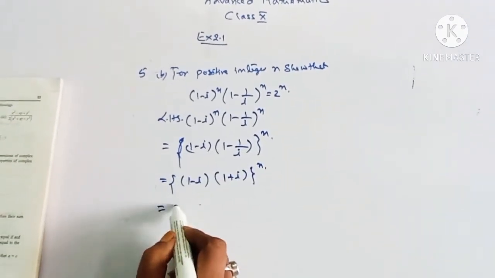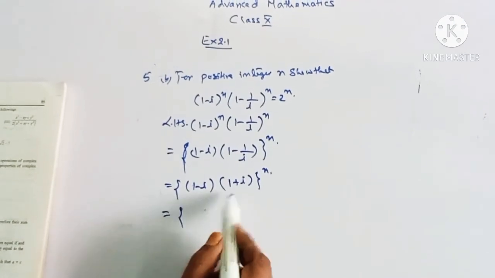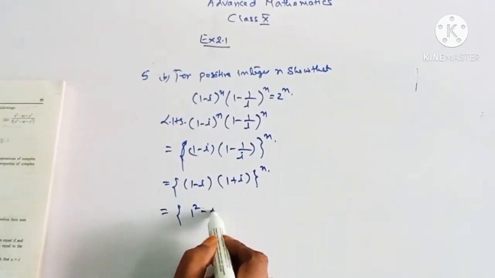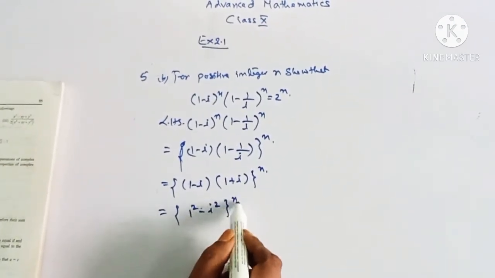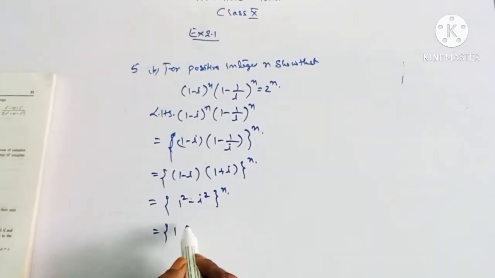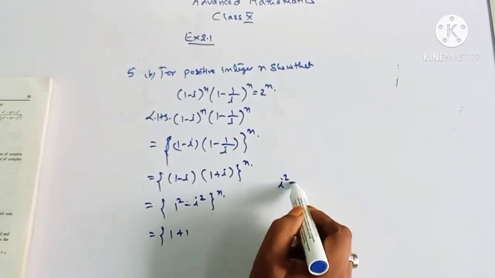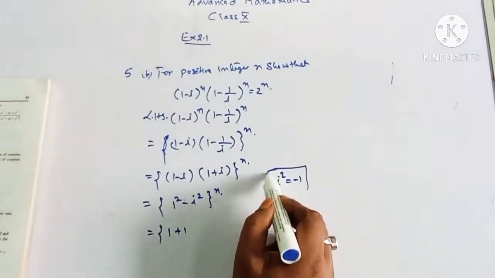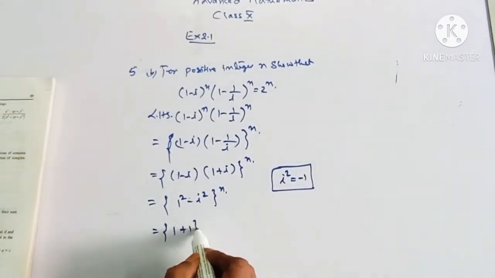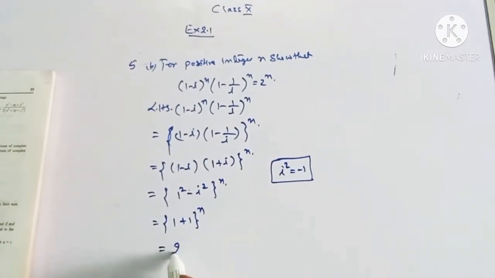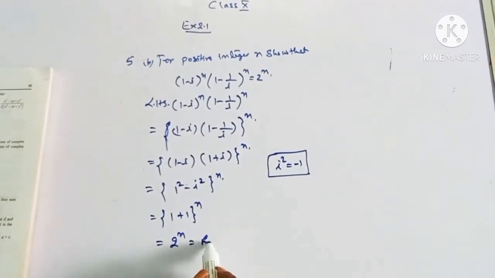So this becomes a plus b, a minus b, 1 square minus i square, to the power n. So this is equal to 1 minus, plus 1, because i square is equal to minus 1, to the whole power n, and this is equal to 2 to the power of n, right hand side.